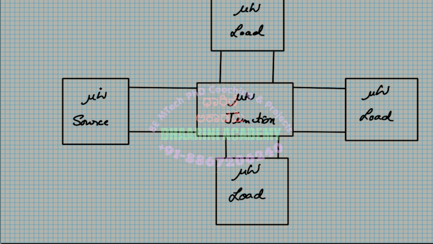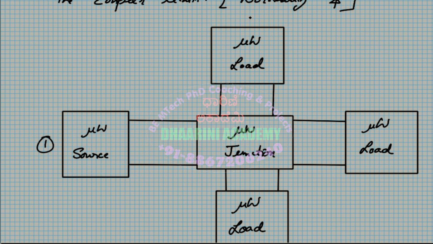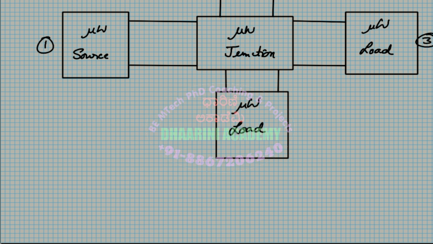If you look at the port numbers, maybe this is port number one. We can give the numbers in clockwise fashion. So port number two, this is the third port, to which we have connected that particular device, and this is port number four.